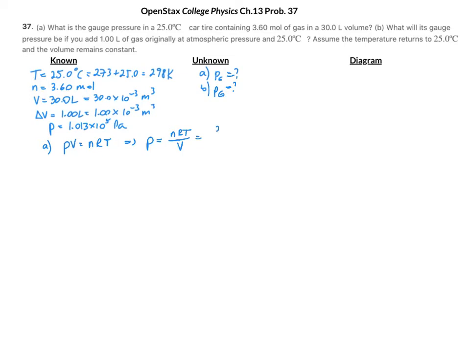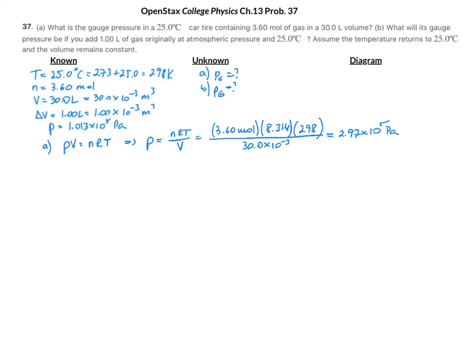And that is 3.60 moles times R, which is 8.314, times temperature, which is 298 Kelvin, divided by the volume, and that is 30.0 times 10 to the negative 3 cubic meters. When we plug these numbers into our calculator, we end up with 2.97 times 10 to the 5th pascals.